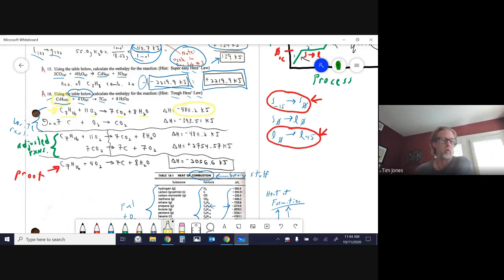Now, what's weird is that this has carbon over here. The reaction we wrote doesn't have carbon by itself. So if you look at the chart, you will also see carbon right here. So we can do the combustion of carbon. And this one looks a little different. If you try to take carbon and react it with oxygen and make CO2 and water, you run into a problem. You can't make water in this case.